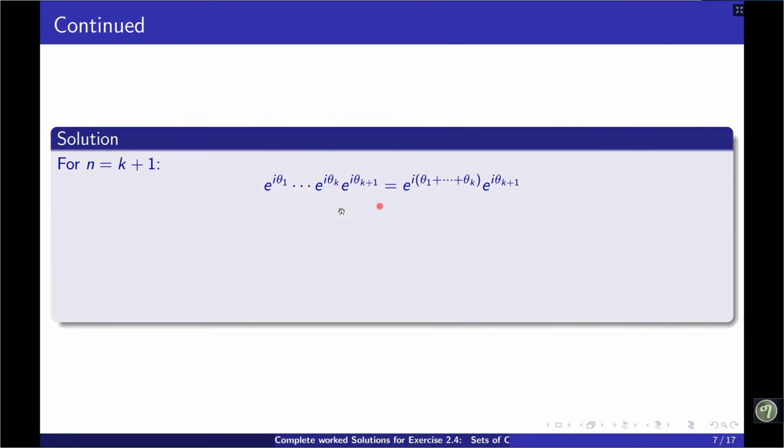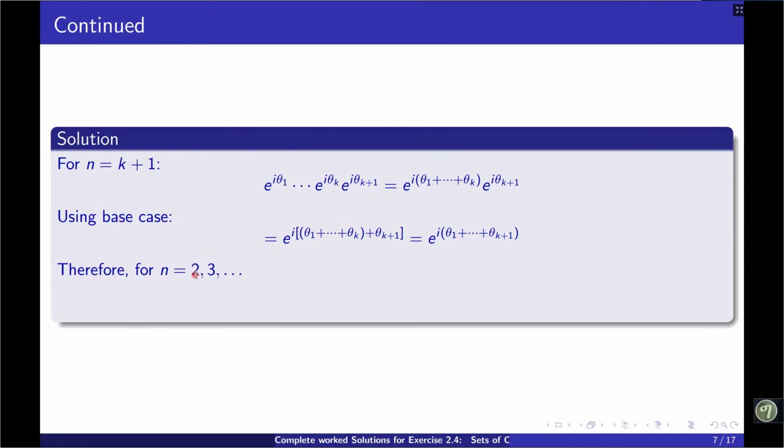This can be obtained from the previous one for n equal to k, by multiplying both sides by e to the power of I theta k plus 1. Then using the base case, we have e to the power of I times theta 1 plus theta 2 up to theta k plus theta k plus 1.